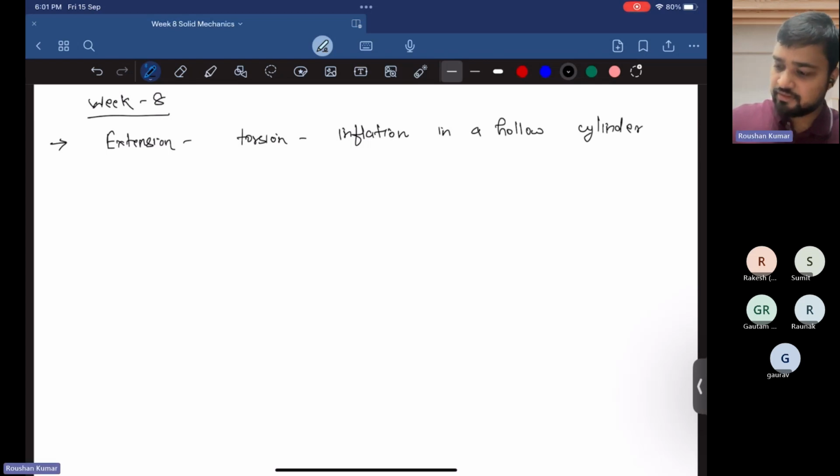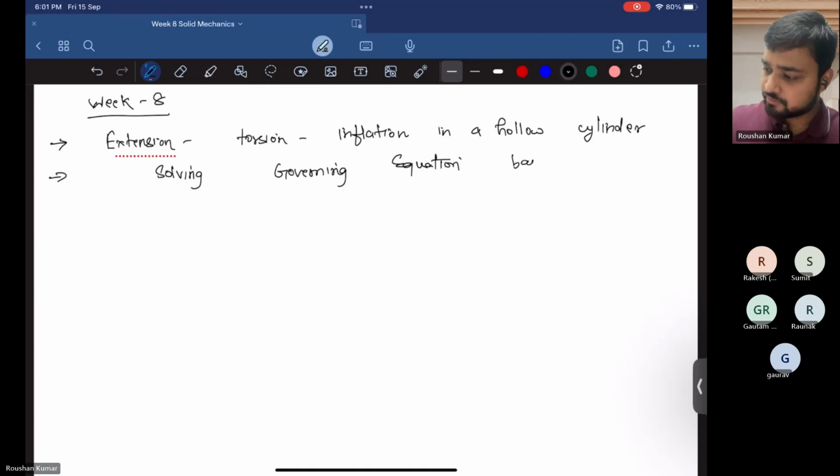The second lecture is a follow-up of this lecture, which is on solving the governing equation based on extension, torsion and inflation.